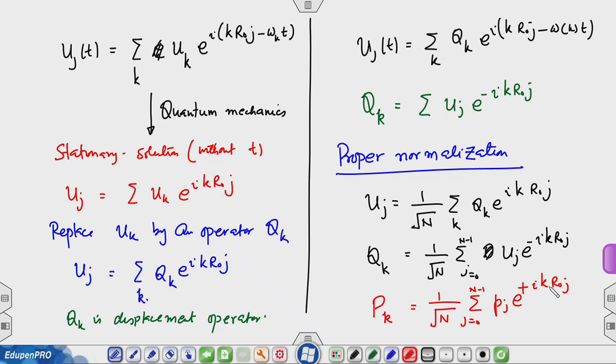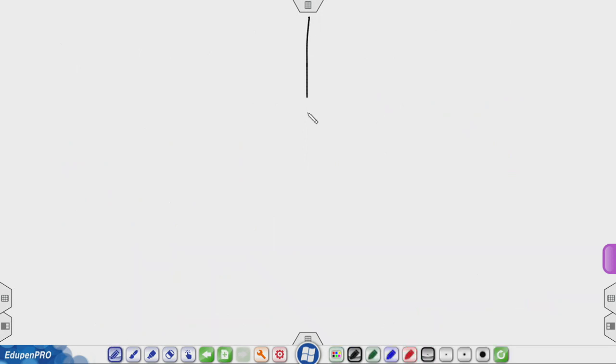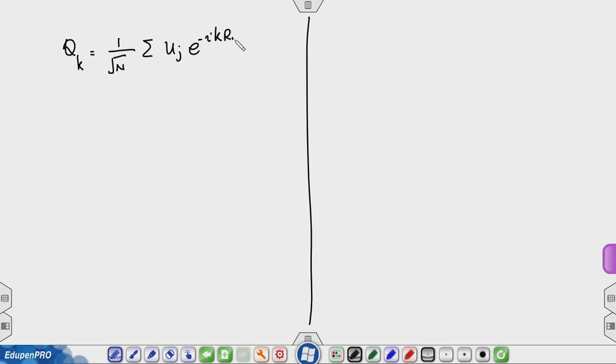So, let us see that. So, I have q k, the quantum mechanical operator, as 1 over root n summation u j e raised to minus i k r naught j, and p k equals 1 over root n summation p j, j equals 0 to n minus 1, e raised to plus i k r naught j.